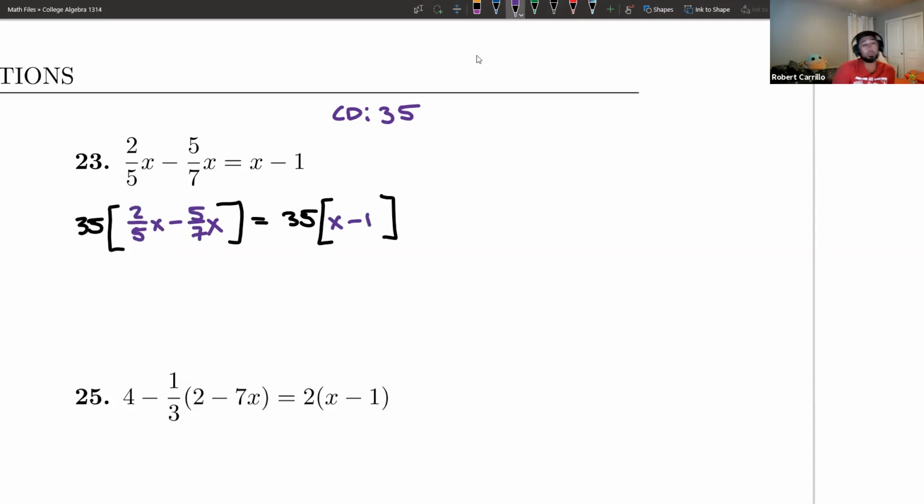Okay, so to get rid of your fractions, you multiply by the common denominator of both fractions. So now this 35 is going to distribute to both of these terms. So 35 times 2/5. Can we cross cancel that?